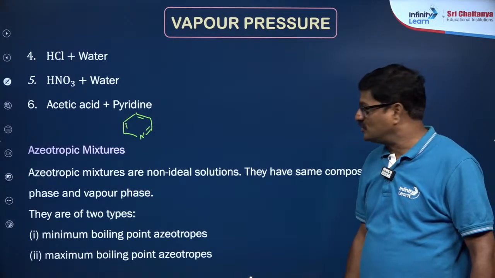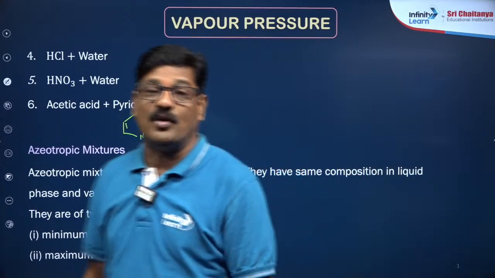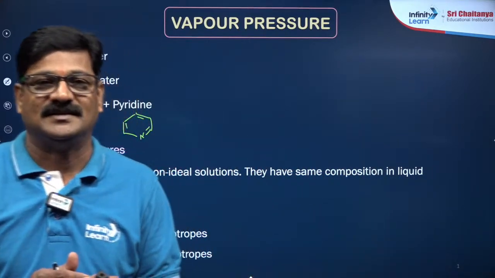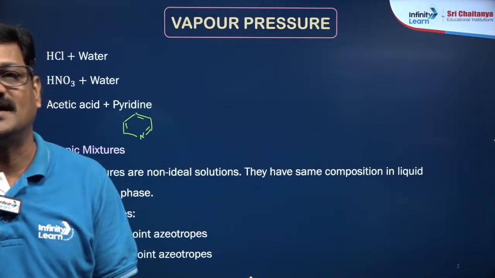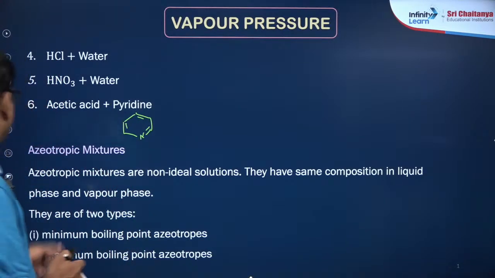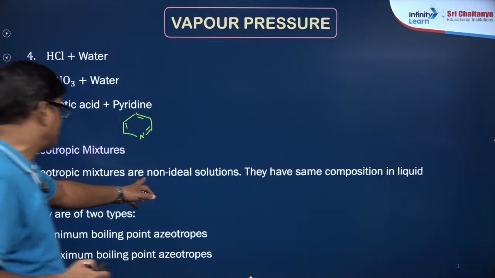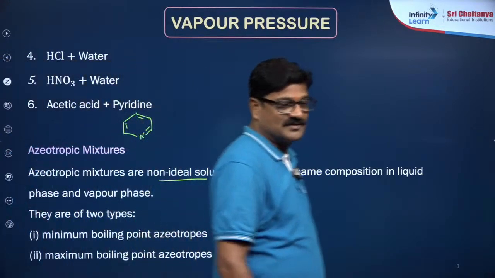Now talking about azeotropic mixtures. Azeotropic mixtures are mixtures which boil together at a certain composition. Azeotropic mixtures are definitely non-ideal solutions.